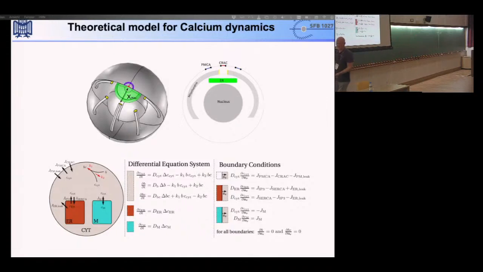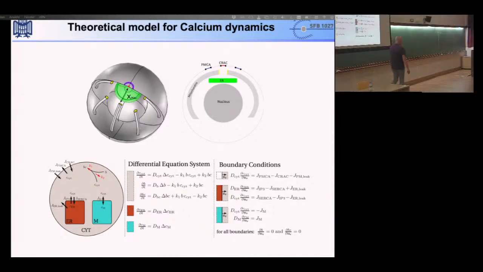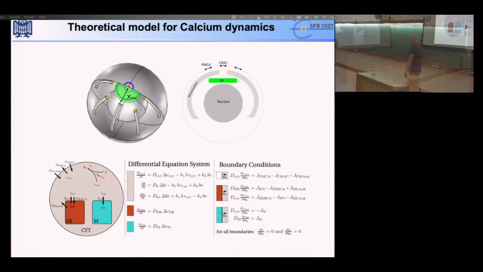That is the reason why calcium concentration is very low, less than 100 nanomolar. That is then 60 calcium ions per cubic micrometer. Now here, during activation, the calcium concentration is increased for half an hour or even more.